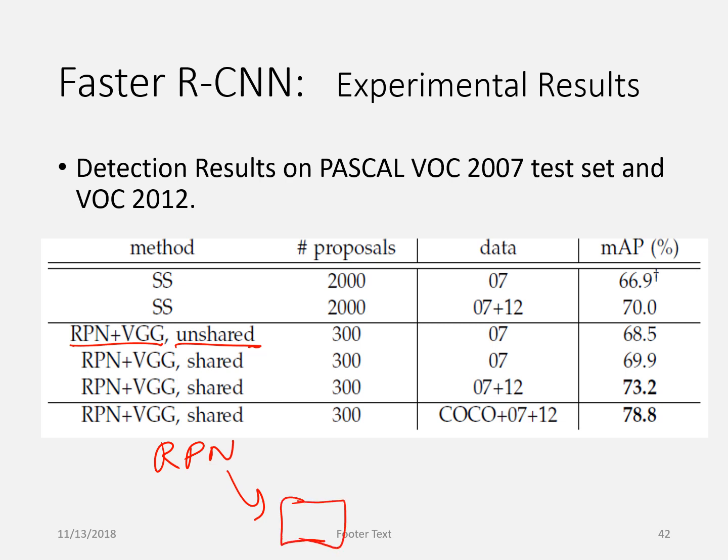If we don't share any weight on VOC7, we get a MAP accuracy of about 68.5. Also, if we share the weights between these two networks, we get a MAP of about 69.9. Here there are some more results with different data sets.